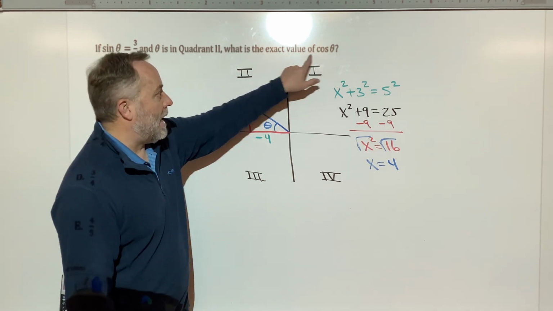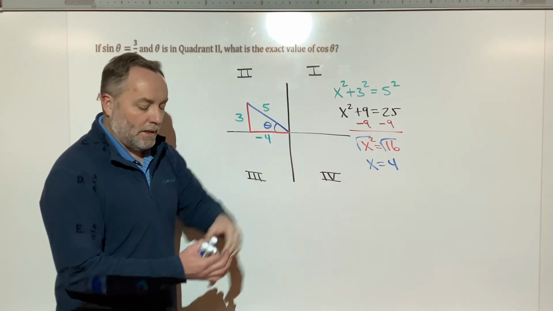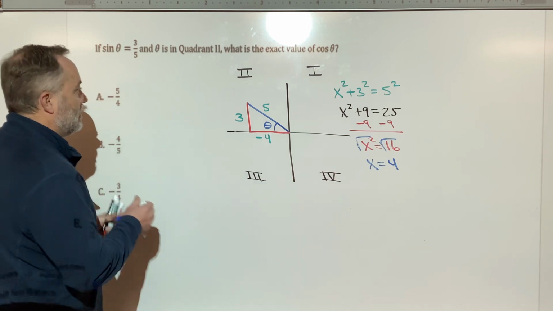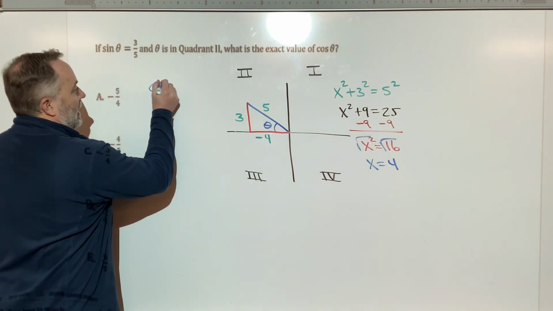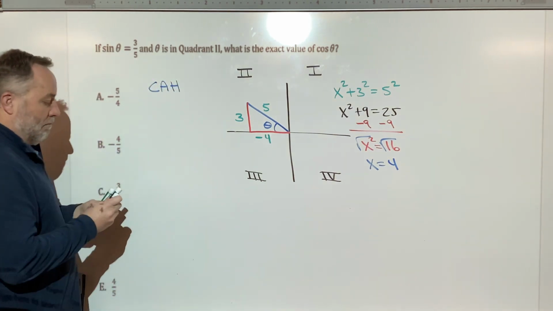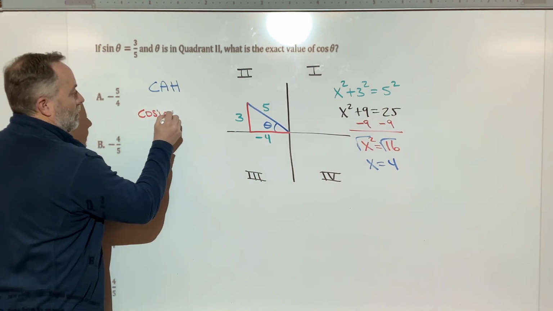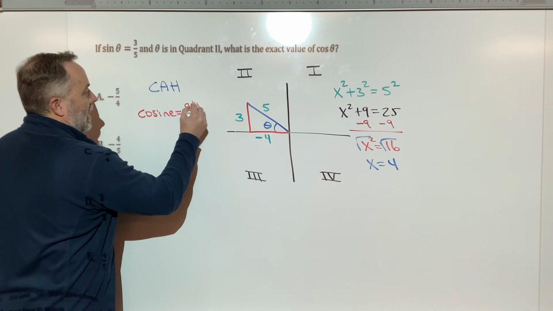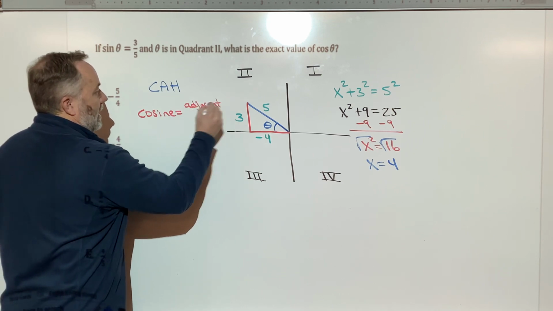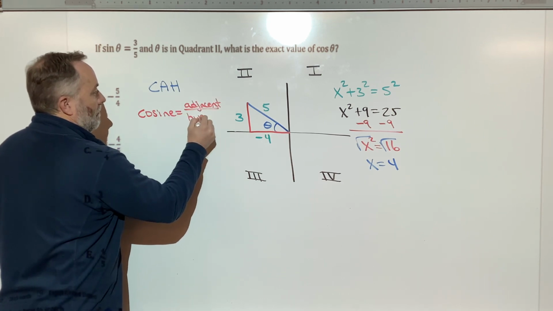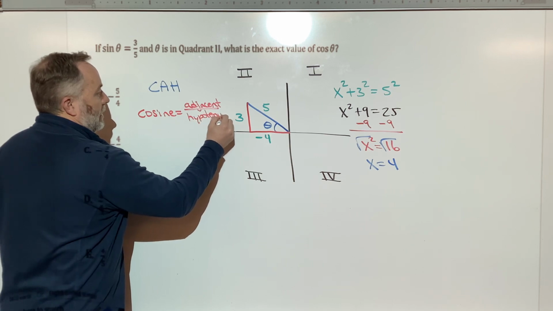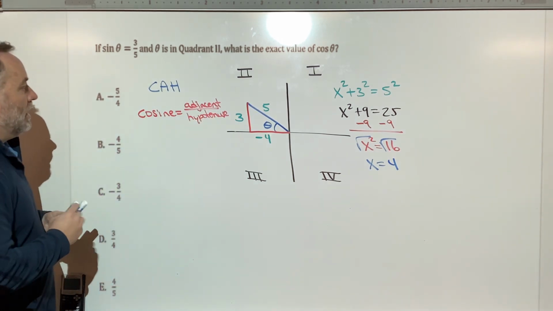We're asked for the value of the cosine of theta. And cosine of theta in Soh-Cah-Toa, that's the CAH part, meaning cosine is equal to the adjacent side divided by the hypotenuse. So if we take that, we can answer the cosine.